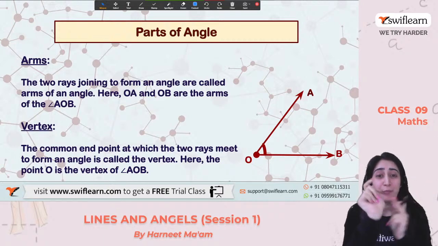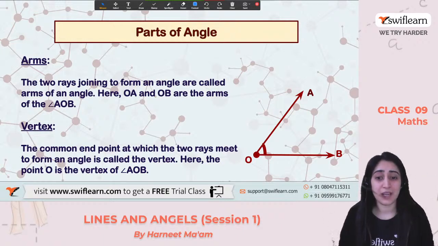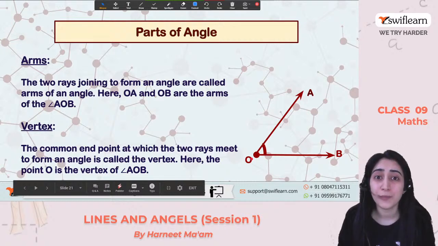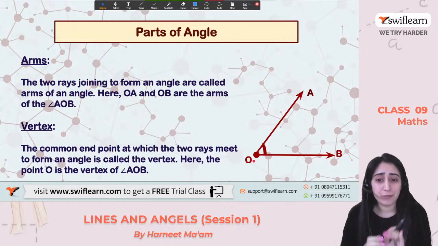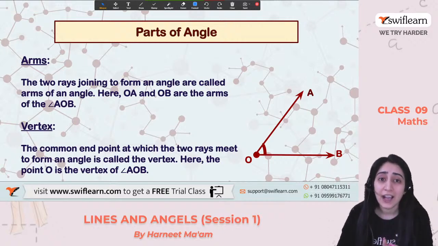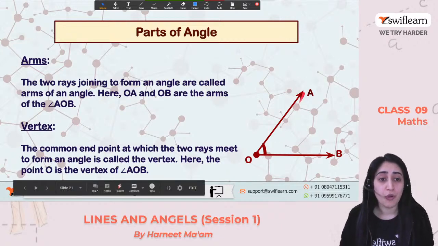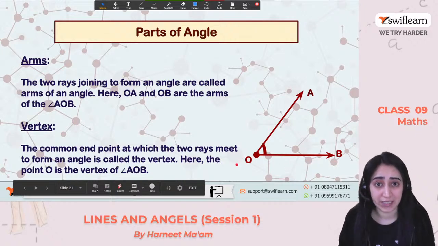Okay. And the point at which they are meeting, like here, they are meeting at this point. Same, they are meeting at O. So the O, the point at which they are meeting, we call it a vertex. The common endpoint at which the two rays are meeting and forming an angle, we call it a vertex. The point O. Angle AOB. So here the O is the vertex.